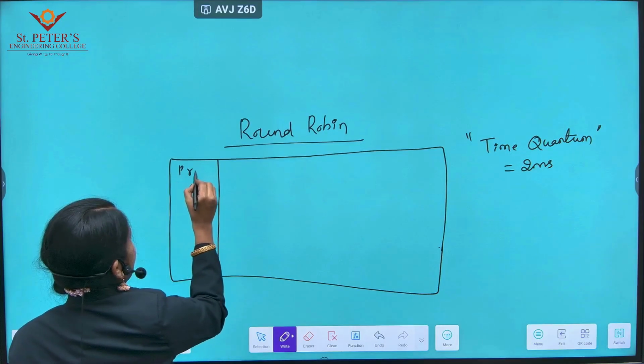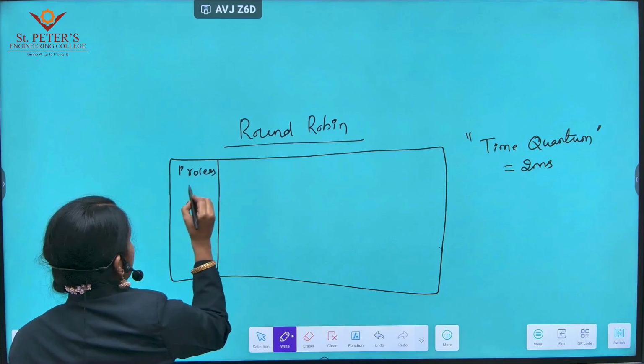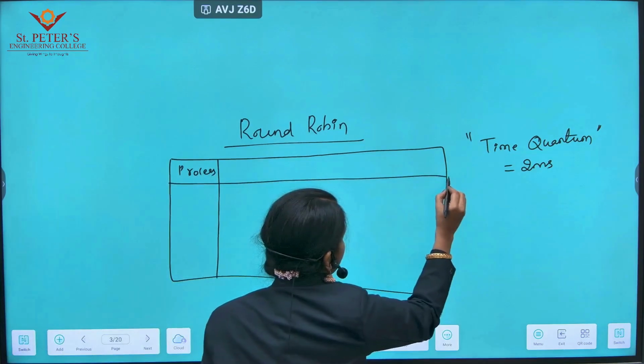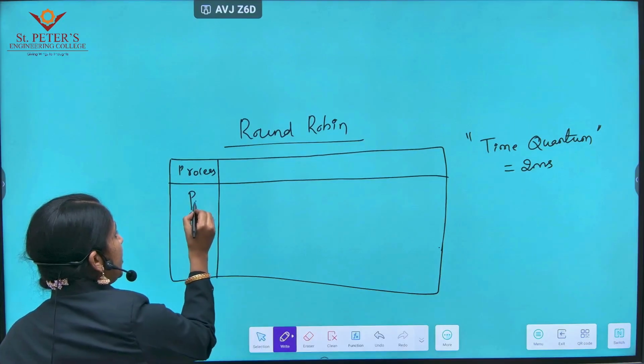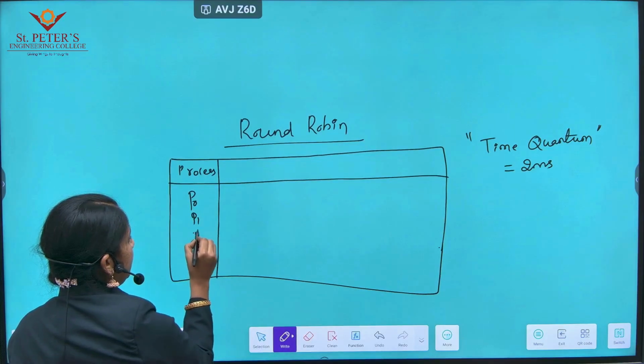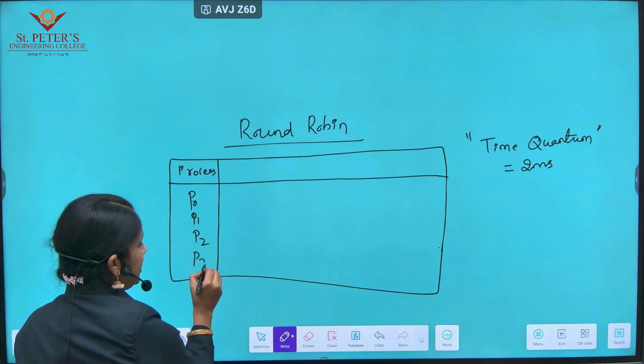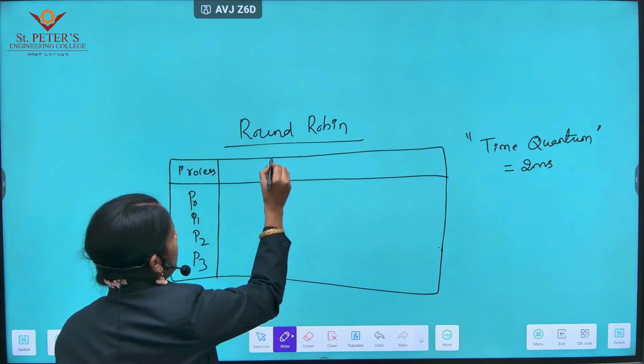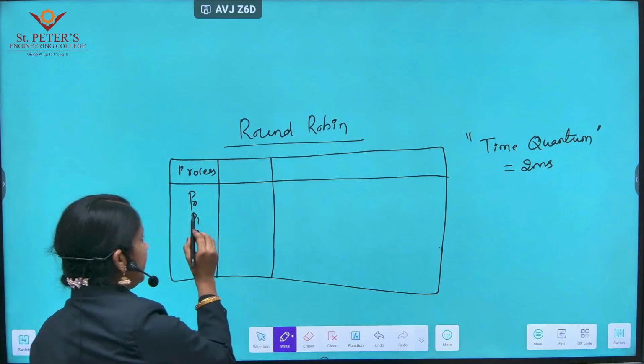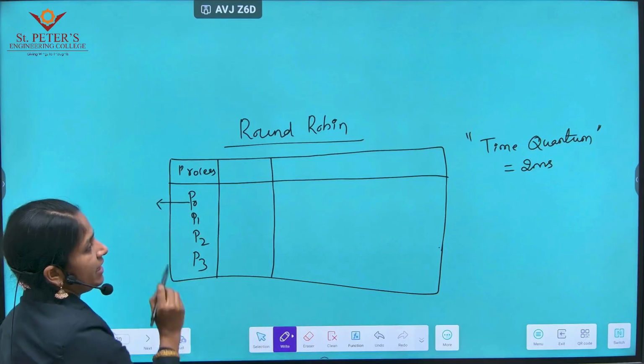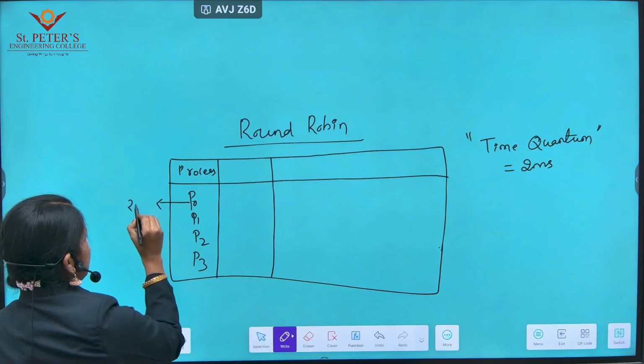So here we are taking some processes. I am taking P0, P1, P2 and P3. Every process will take 2 milliseconds.